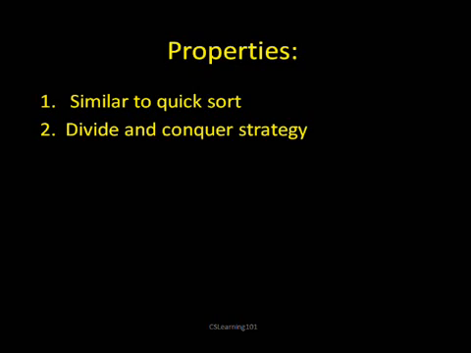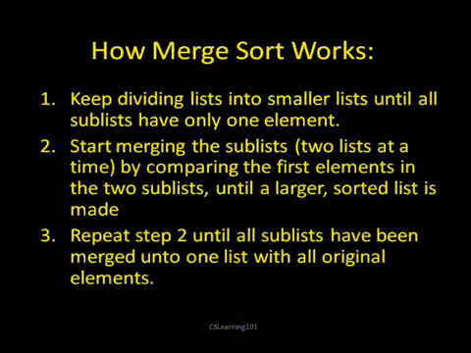Now, how it works for merge sort is that it's going to keep dividing lists into smaller lists until all the sub-lists that you created only have one element. Once you've done so, you're going to keep dividing everything in the list until everything is individual.